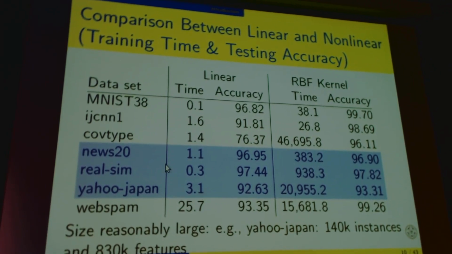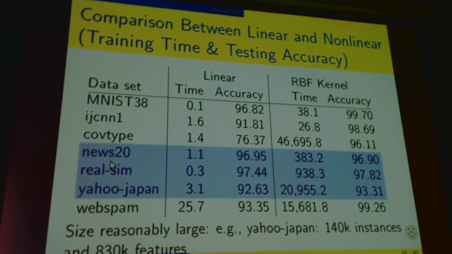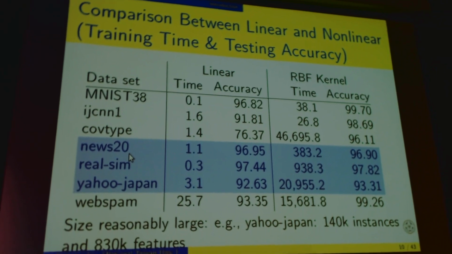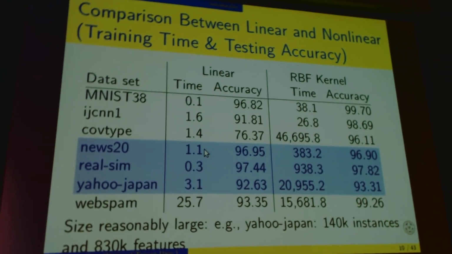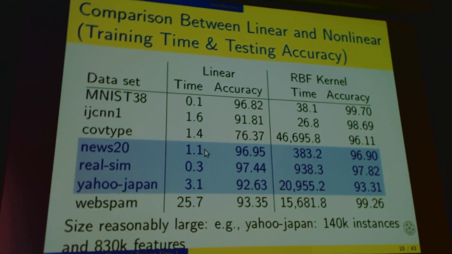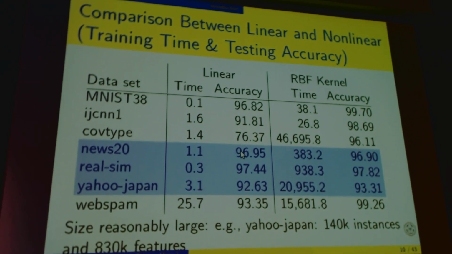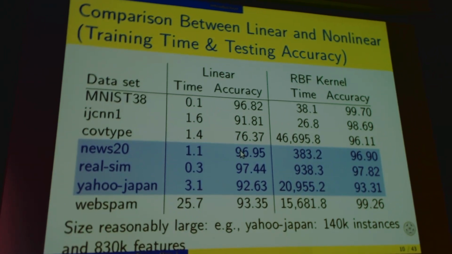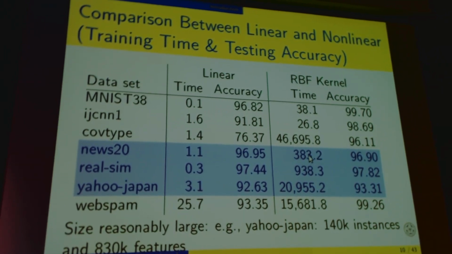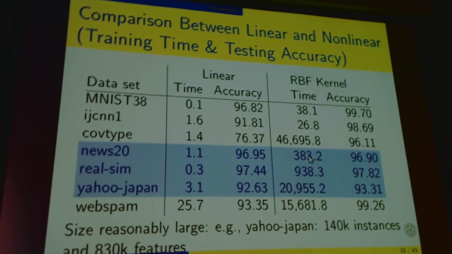Okay, but for three other problems that I highlighted here. For this News20 data, from the name, you probably figure out that this is a document data set. In 1.1 seconds, we have finished the training and achieved 96.9% test accuracy. But if you use kernel, then you need about 400 seconds, but the accuracy is almost the same.